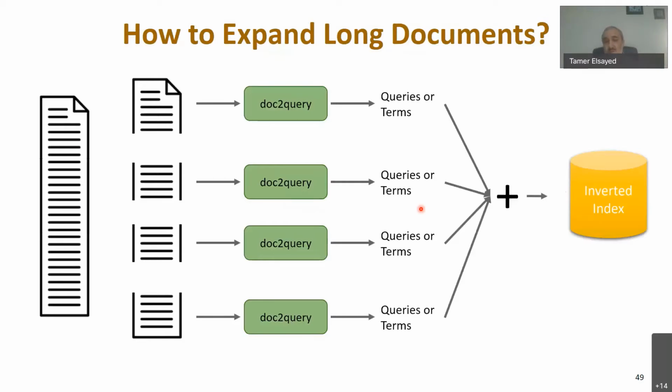That's the most straightforward way. So just pass each chunk to doc2query, get terms, and then add all of them together with the document to index the new document.